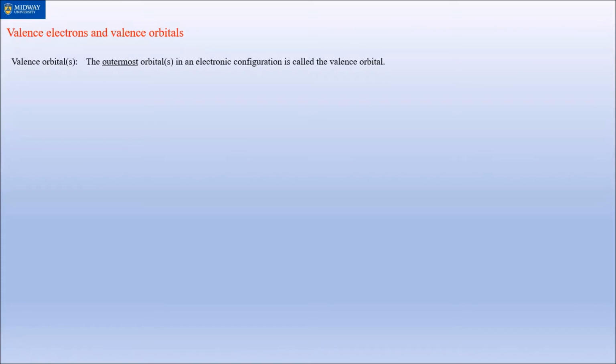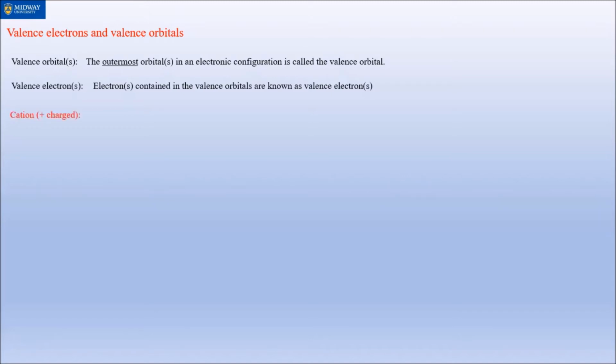That means you could have just one orbital which is valence, or you could have more than one that as a collective could be valence orbitals, the outermost, which is the one furthest to the right. And obviously, electrons contained in the valence orbitals are called valence electrons. I probably won't quiz you on those because that's just fact.